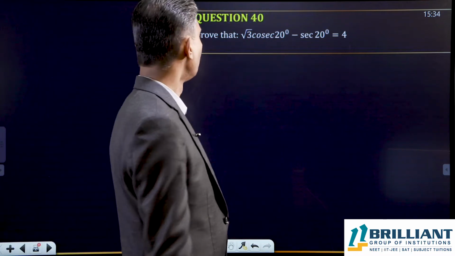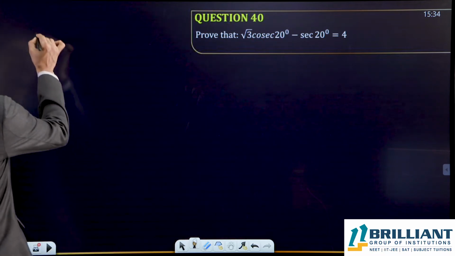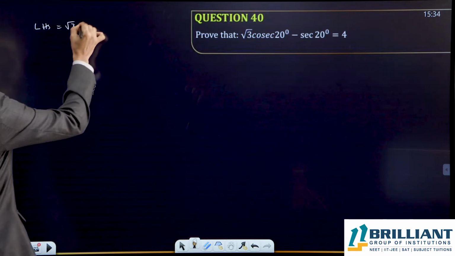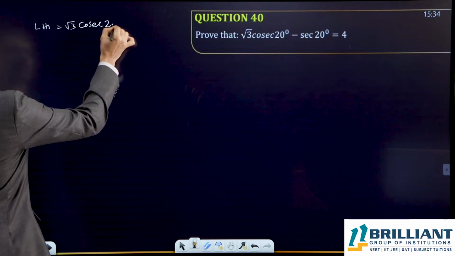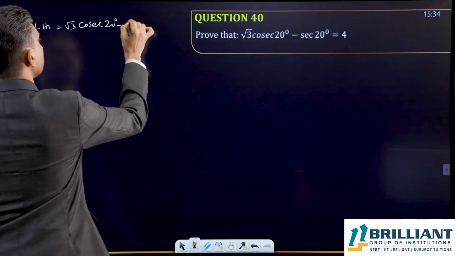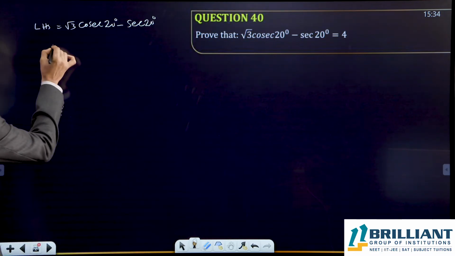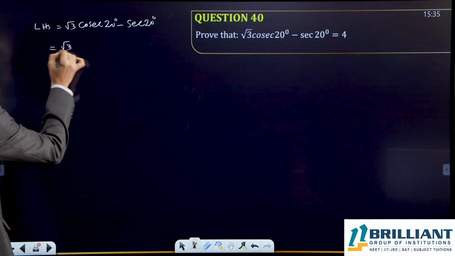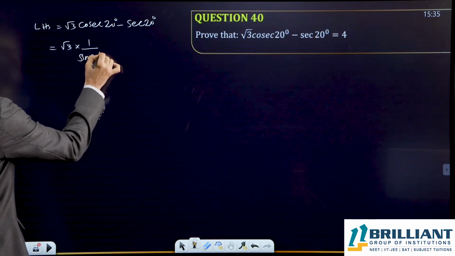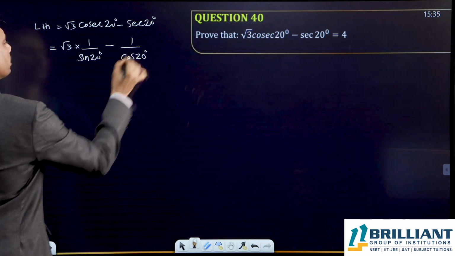Prove that root 3 cosec 20 minus sec 20 is equal to 4. So LHS is equal to root 3 cosec 20 minus sec 20. Now this I can rewrite as root 3 into 1 by sin 20 minus 1 by cos 20.